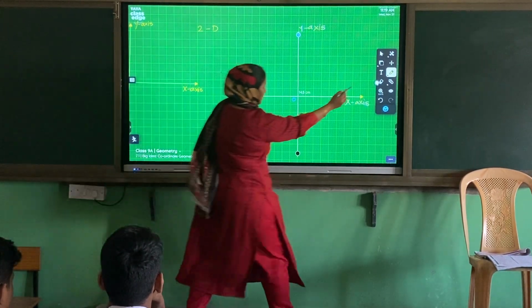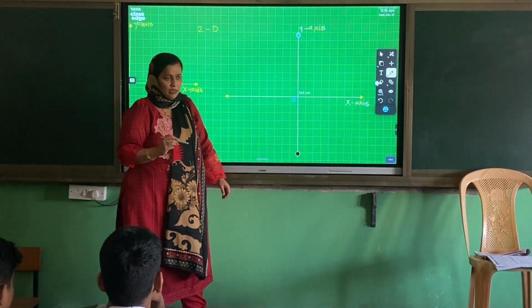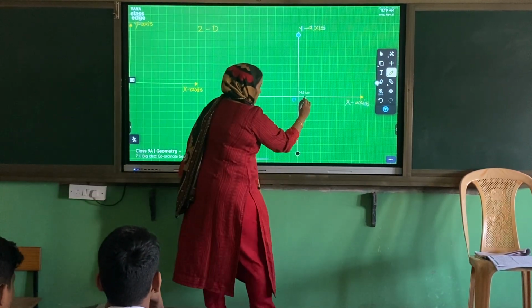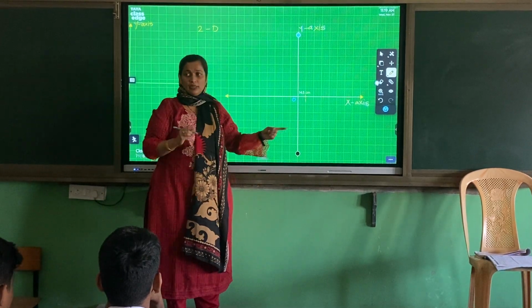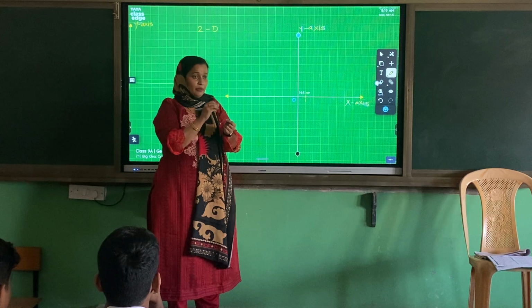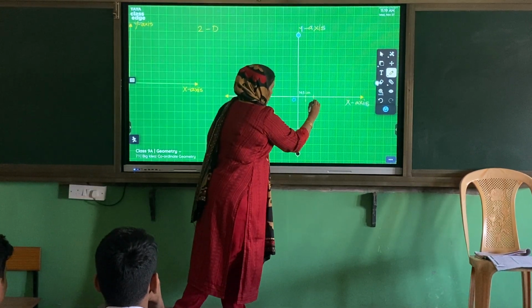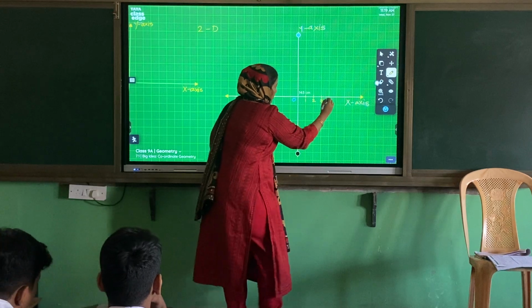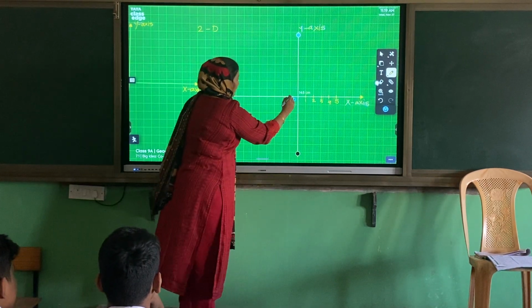After every 1 centimeter, 1 unit, we are going to put a 1. This origin is the meeting point where the numbers start. Till 5.